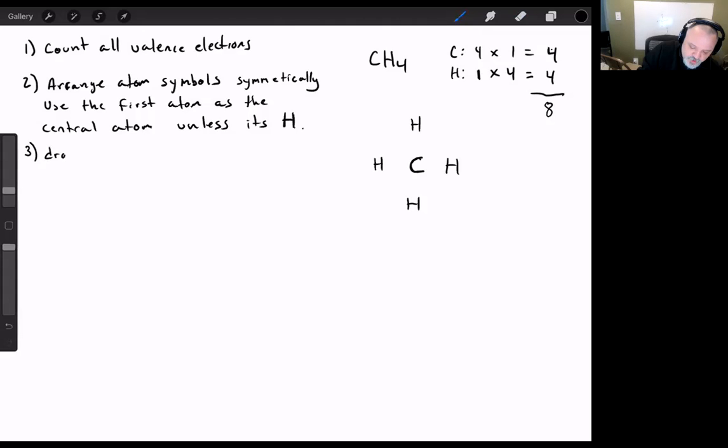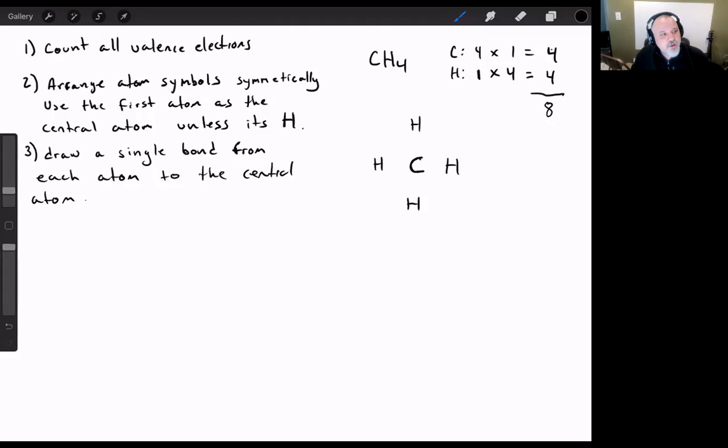We're going to draw a single bond from each atom to the central atom.